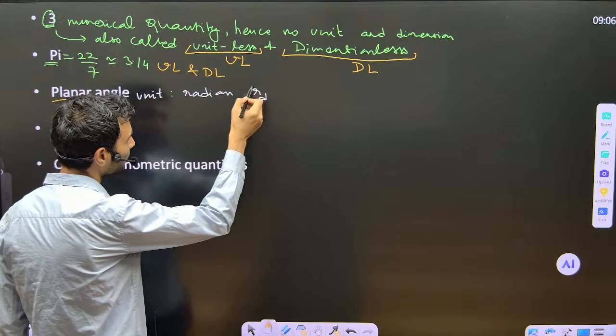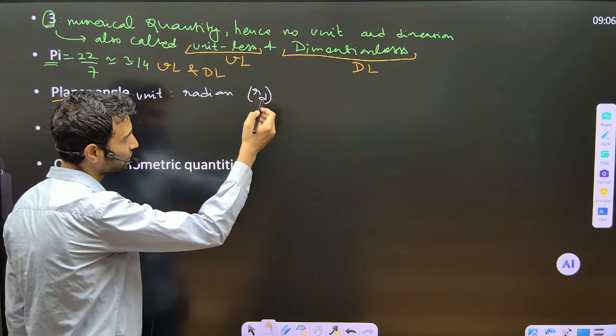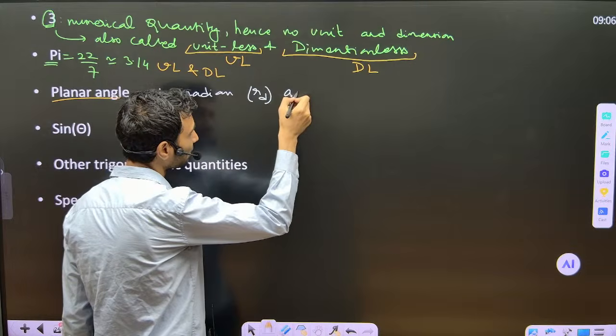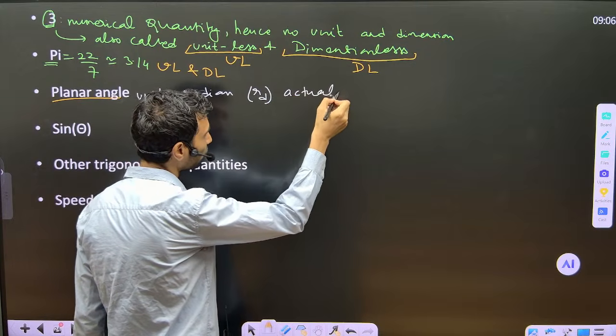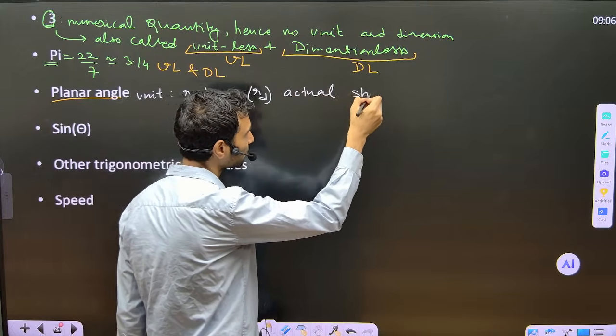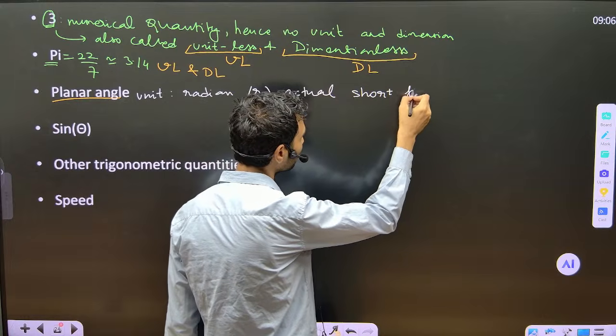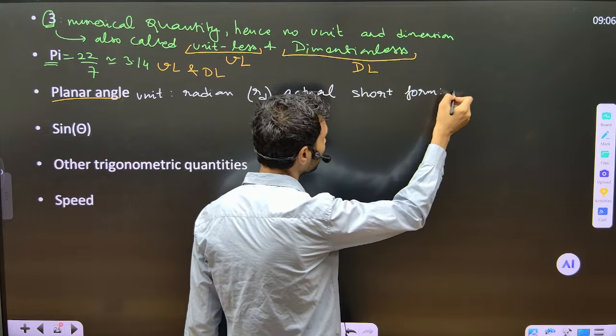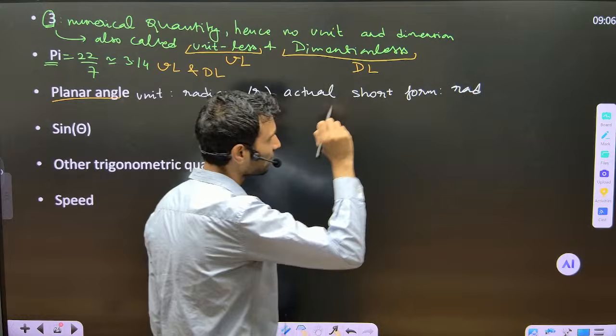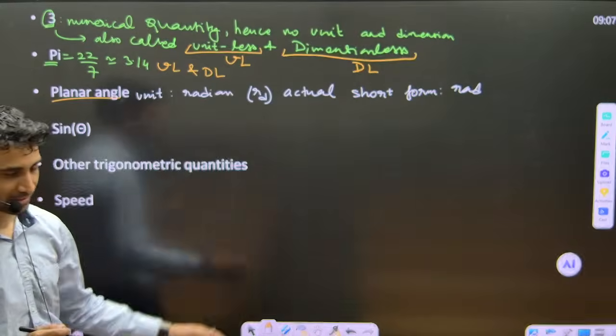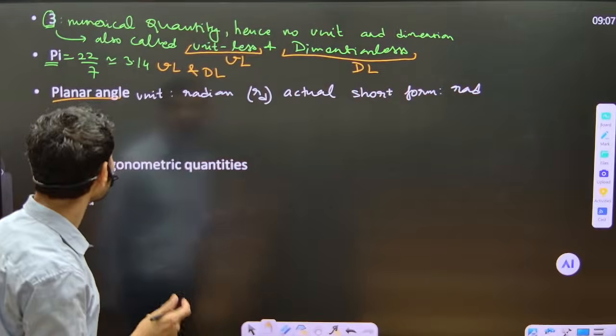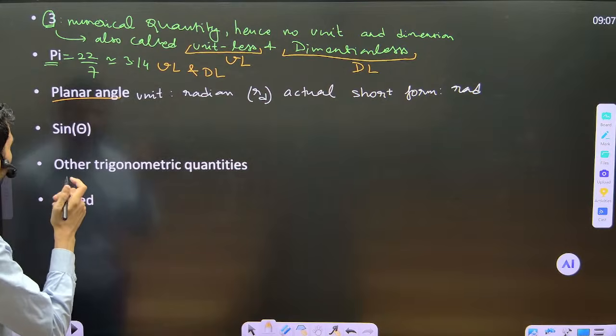Okay. I write it in short as RD. Actually, the actual short form is RAD, it's not RD. But I use RD. So unit is radian. What about the dimension?